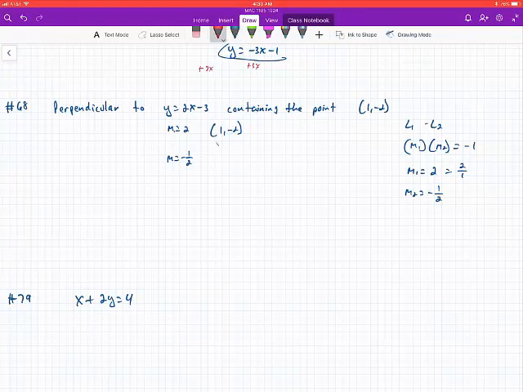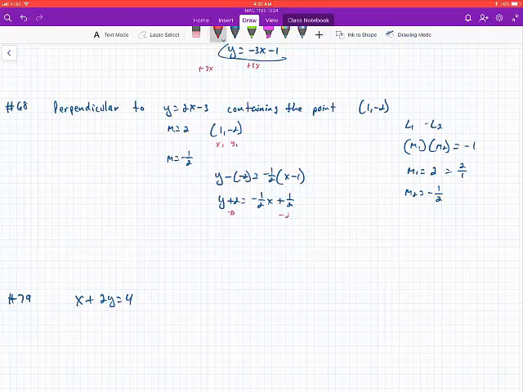So I'm going to go ahead and label these as x1, y1. So it's going to be y minus -2 is equal to -1/2 times x minus 1. So just cleaning it up a little bit, distributing the -1/2, and then I'm just going to go ahead and subtract 2 from both sides.